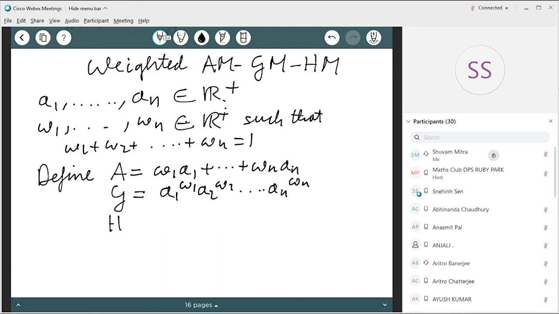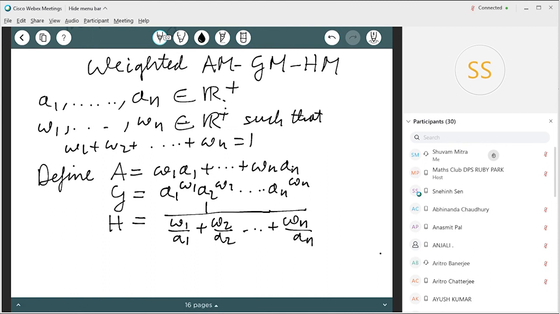And finally, H. This is a bit tricky. H is defined to be 1 divided by W1 by A1 plus W2 by A2 up to Wn by An. For the geometric mean, it will be multiplication, the product of A1 to the power W1 and so on. And H is basically the sum of the reciprocals.